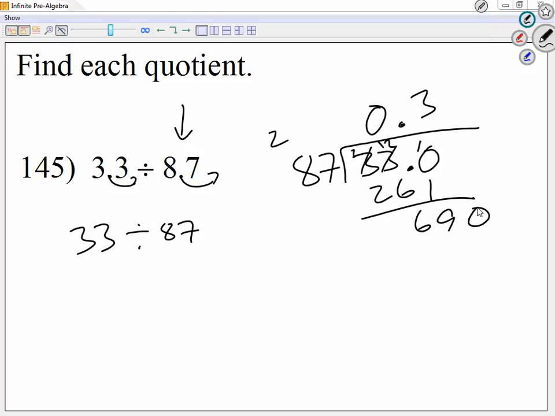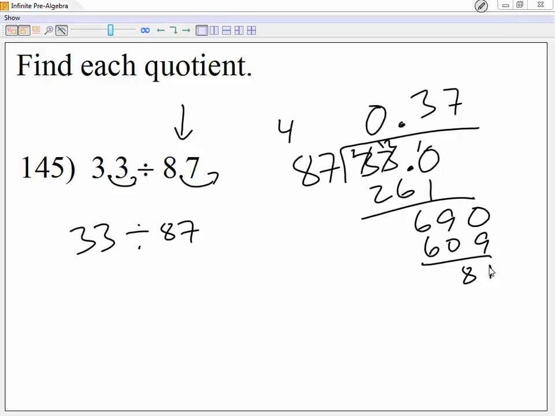To continue, let me add a 0. 87 into 690, let me try 7 times. Let's see if it works. 7 times 7 is 49. 7 times 8 is 56, plus 4, 60. When I subtract this, I get 81.